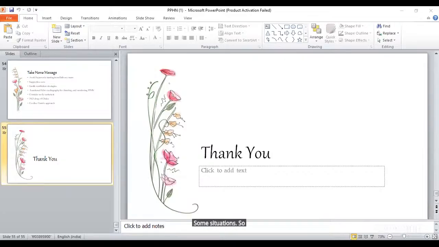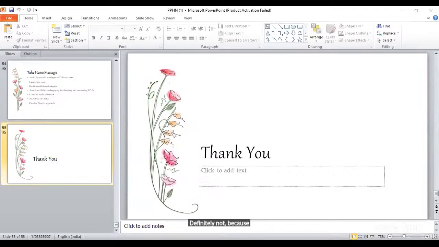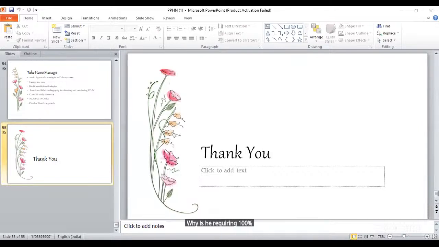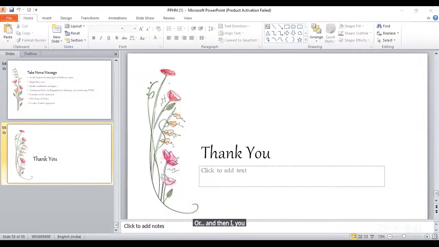Dr. Dorothy Batra has asked, does 100% FiO2 during ventilation help? Definitely not, because if you're needing 100% FiO2, please look at, as we have discussed, the lung parenchyma. Why is he requiring 100% FiO2? It may be idiopathic, but definitely try to wean off with various modalities like early surfactant if you have an X-ray showing parenchymal changes, and then INO, because ventilating at 100% is not going to give you the outcome.